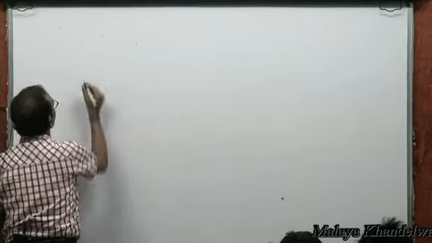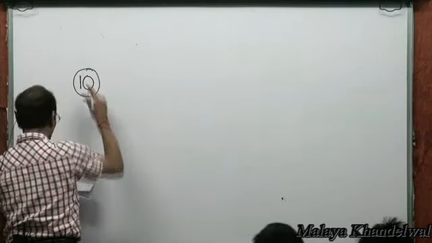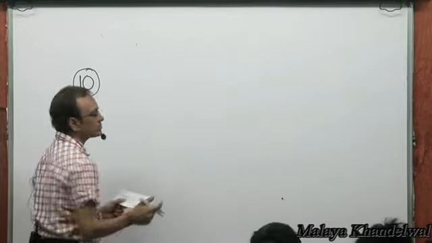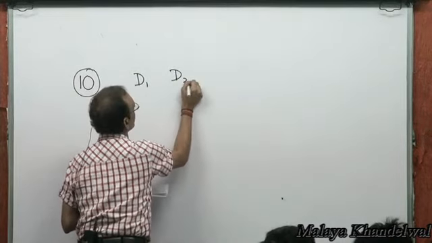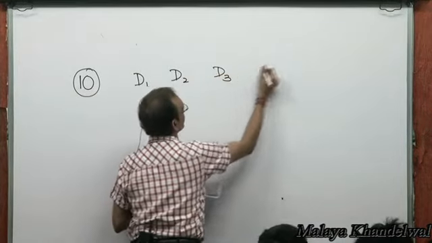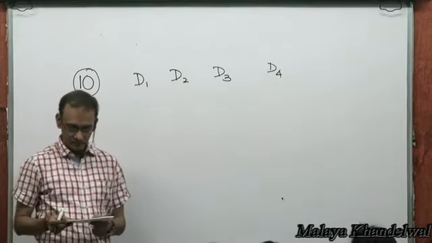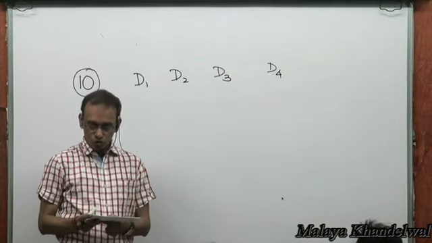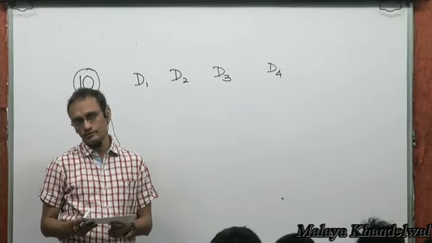Number 10. Four fair dice are rolled simultaneously. What is the probability that D4 shows a number appearing on one of D1, D2 or D3.